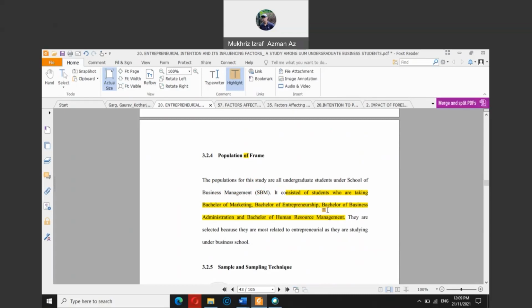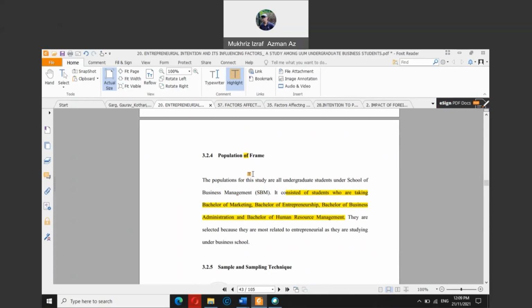There are several courses here, the same for SCFB. We have economics, agribusiness, finance, and banking. Of course, you need to get the actual or proper name for the bachelor program from the school. So that is the population frame.